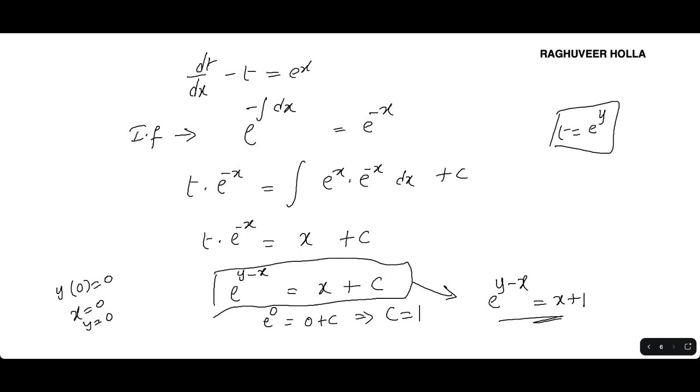Any doubts? Please ask. So now we got e to the power of y minus x is equal to x plus 1. Now taking logarithms on both sides, you get y minus x is equal to log of x plus 1, right?